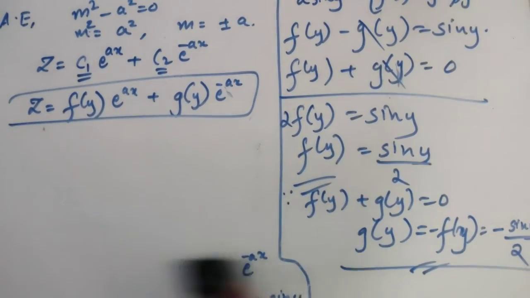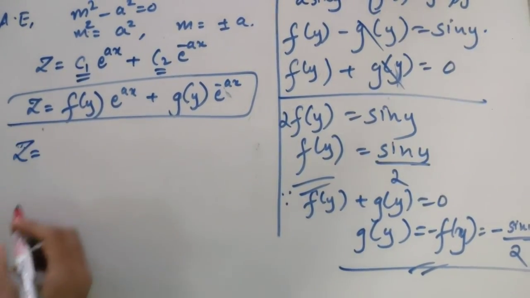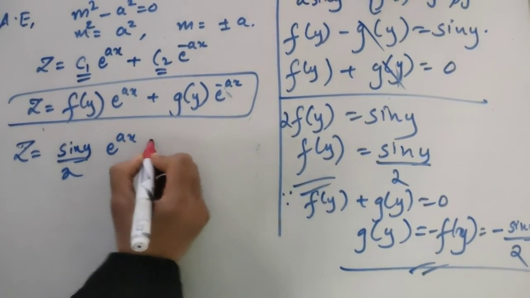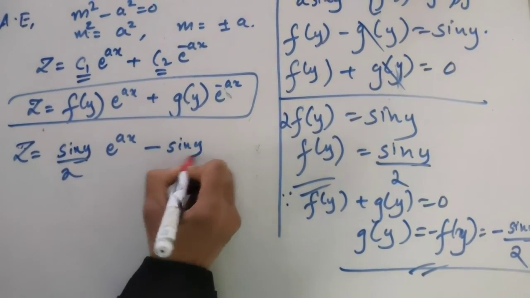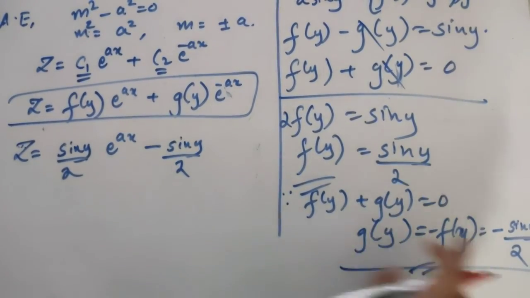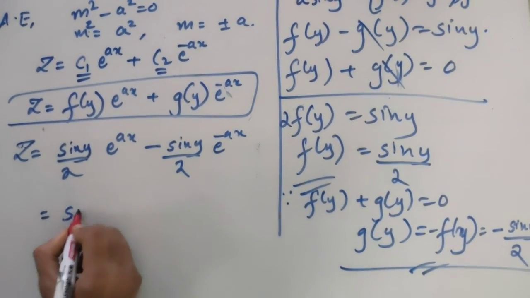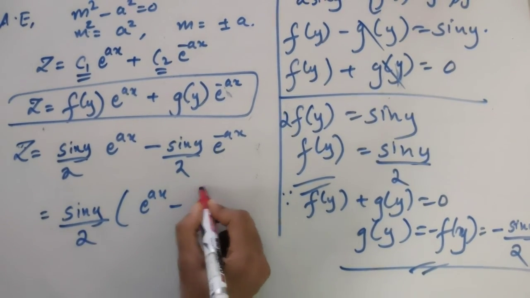I'll erase this now. So the final answer should be z is equal to sine y divided by 2 e to the power ax, plus g of y, which is minus sine y divided by 2, there is plus, so because g of y is minus, e to the power minus ax. Sine y divided by 2 is outside, and you will get e to the power ax minus e to the power minus ax.